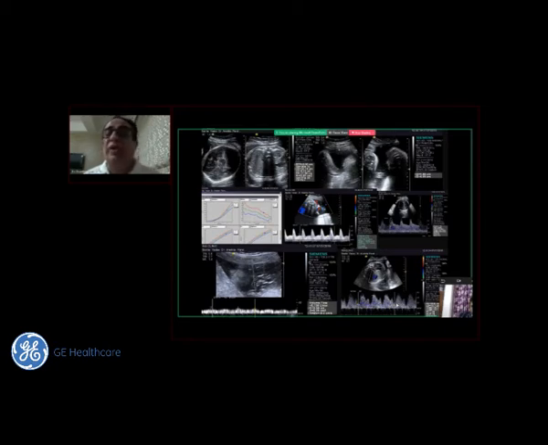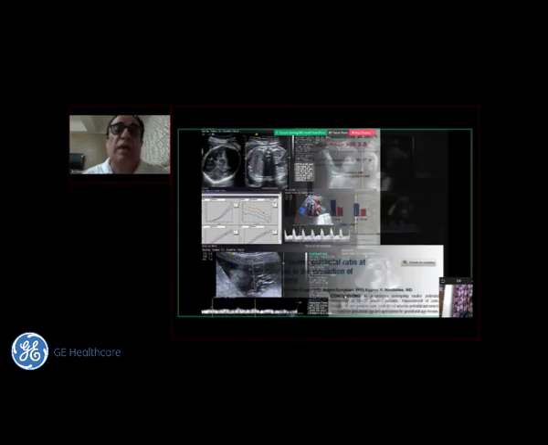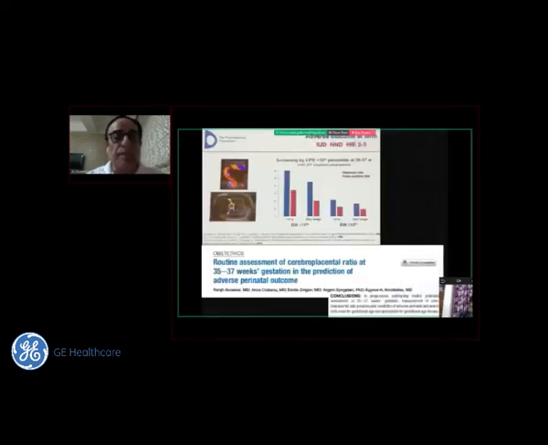So what I'm trying to show is that when we are monitoring these fetuses at a later stage, at 36 weeks, you need to do Doppler, because sometimes at 36 weeks, you may not get a good picture from just the anatomical parameters. And therefore, as I said earlier, FGR is not size alone, it is size plus Doppler. So it is a functional problem rather than an anatomical problem alone.